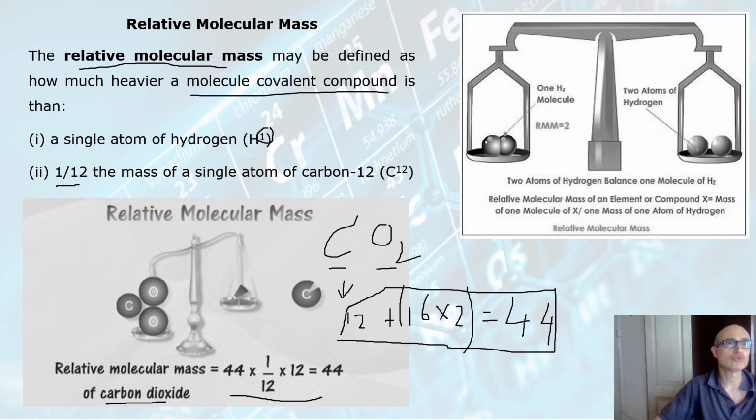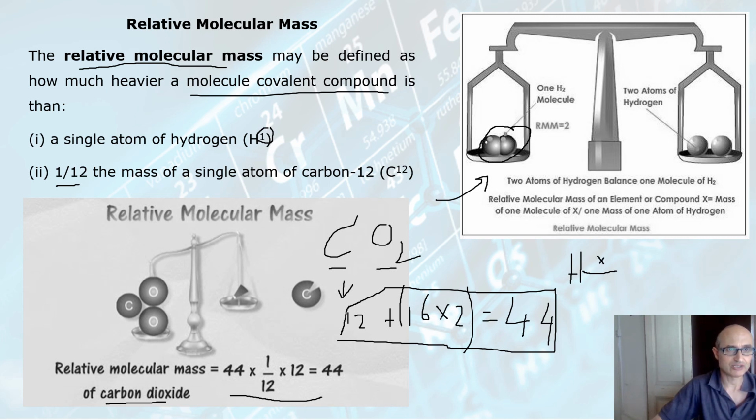If I had to consider this second diagram over here, consider having a molecule of hydrogen. One molecule of hydrogen has an RMM of 2. First of all, we talk of a molecule of hydrogen. Very quick revision of Form 3 work. Remember that a hydrogen atom contains a single electron.